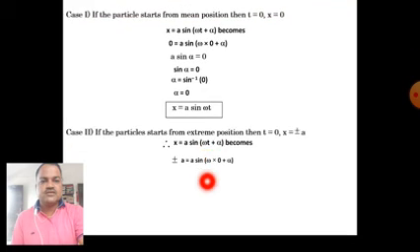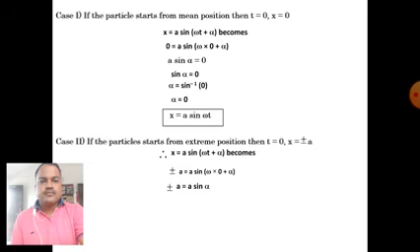So the equation is sin alpha is equal to plus minus 1. Alpha is pi by 2 or 3 pi by 2 or 5 pi by 2.